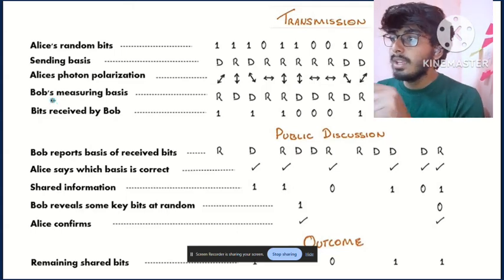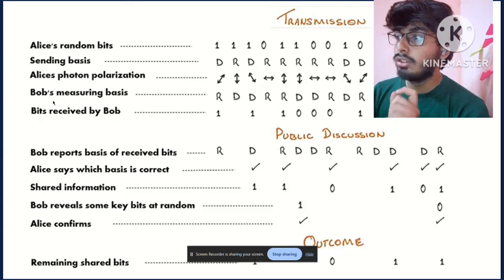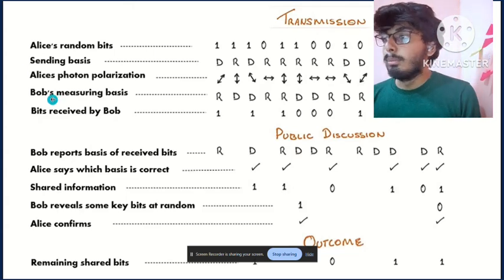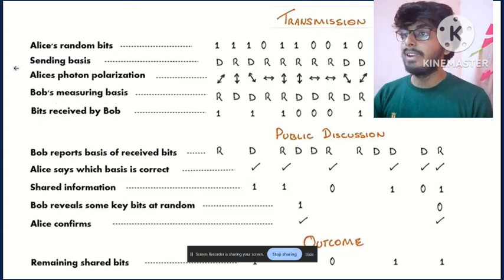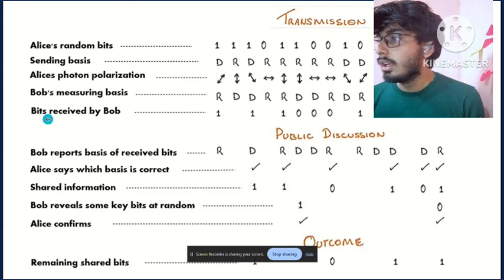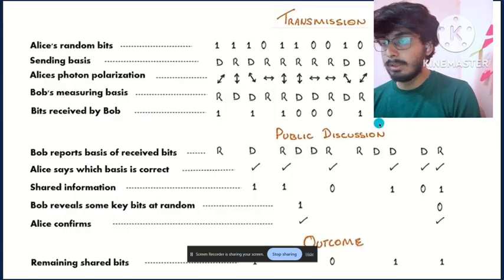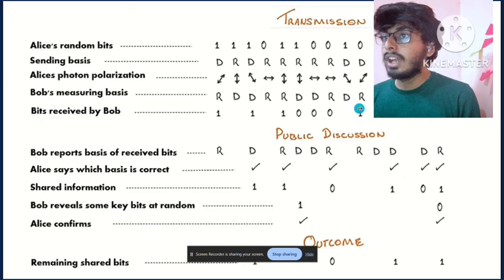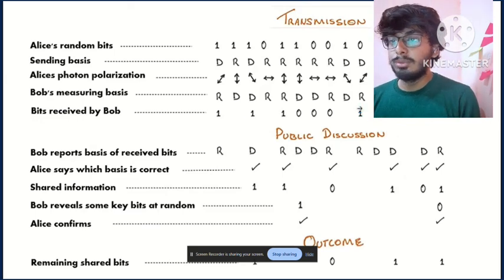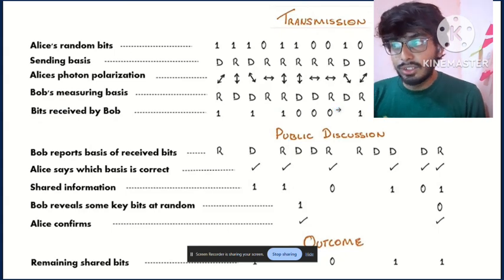Then once Alice sends these random bits, Bob measures the random bits at his end with the polarizer. So these are the bits received by Bob. After the transmission took place, they will have a public discussion.